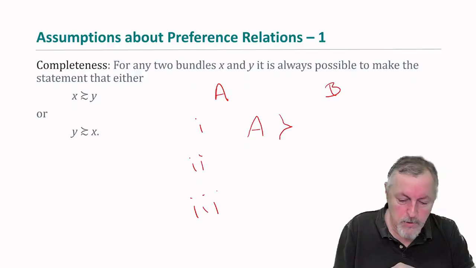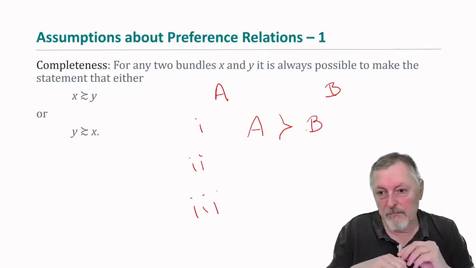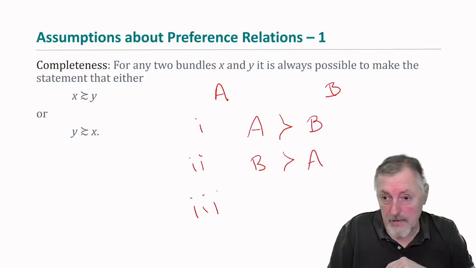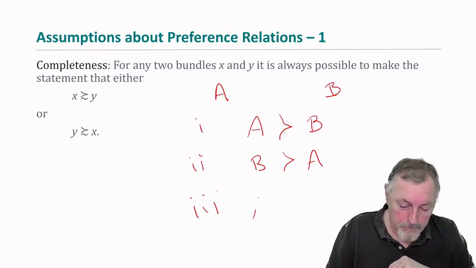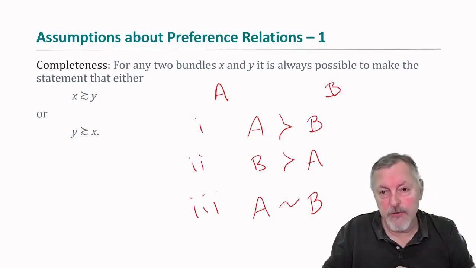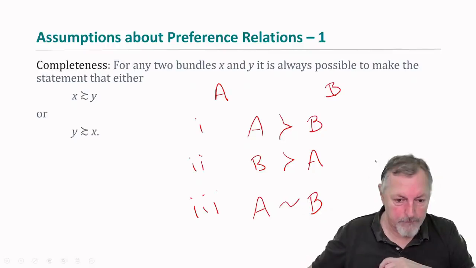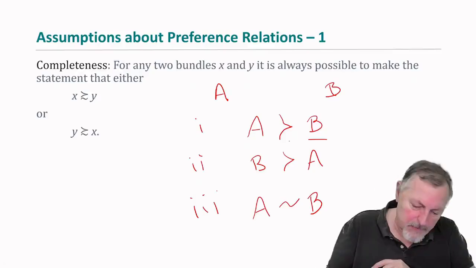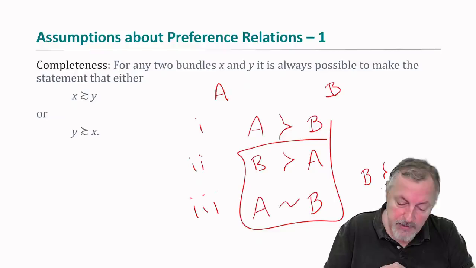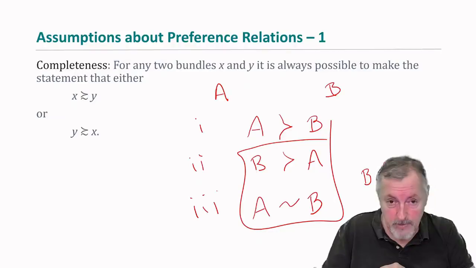A is strictly preferred to B. B is strictly preferred to A. Or the consumer is indifferent between the two. And you can combine these, for example, B is weakly preferred to A.